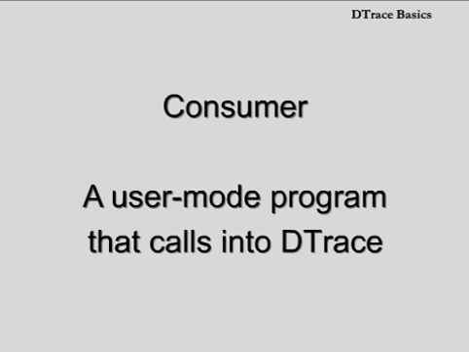And then finally, there's another terminology piece here called a consumer. Essentially, a consumer takes all of the DTrace information from the kernel where DTrace sits, and it's actually telling DTrace what you should do with that. So it informs the kernel what probes you care about, what it should do with the metadata that comes from those different probes' events firing, how to tabulate that information, when that information should be tabulated, and what format the information should be tabulated in.